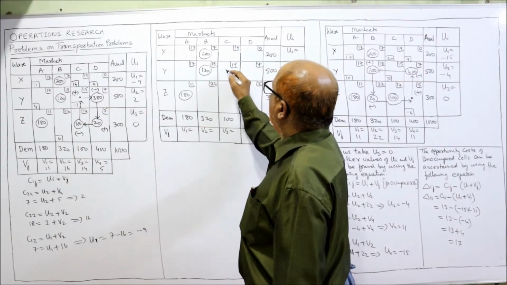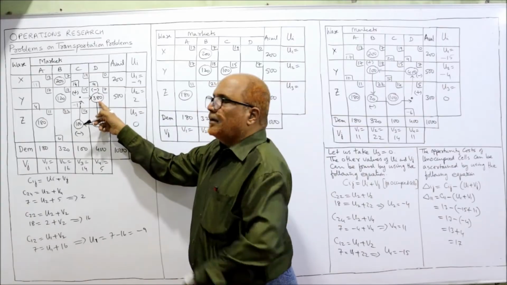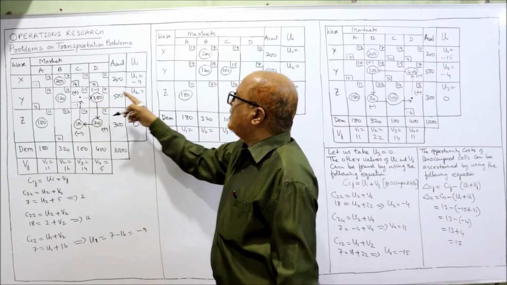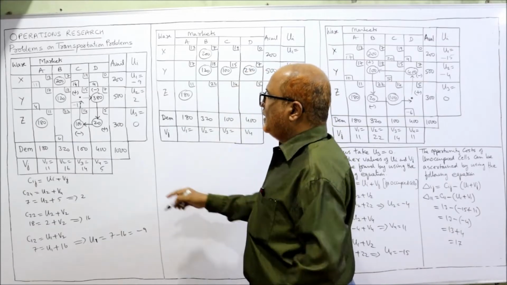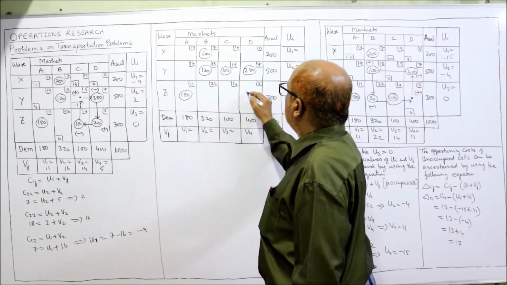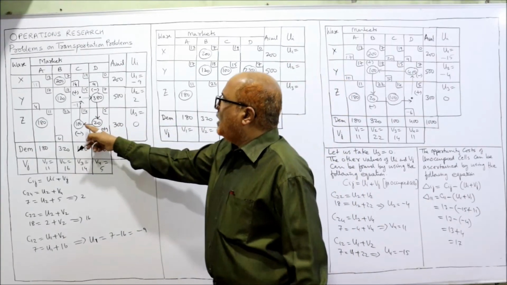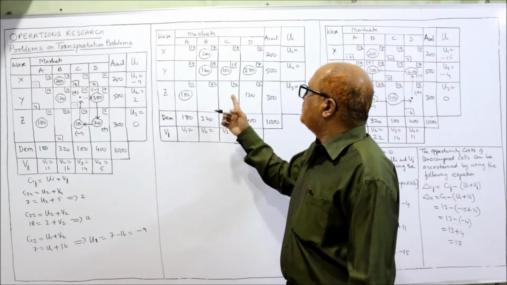So I will take 100 here. 380 minus 100, you will get 280. Here I will take 280. Here 20, 100 plus 20 is 120. Here 100 minus 100 will become 0. No allocation in this cell.